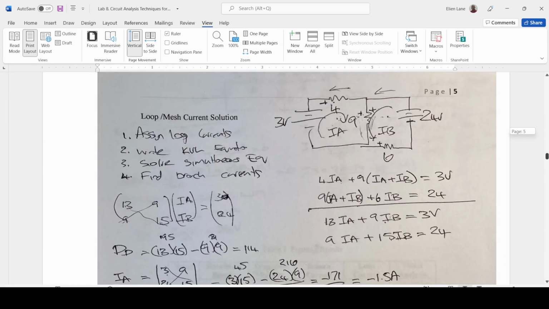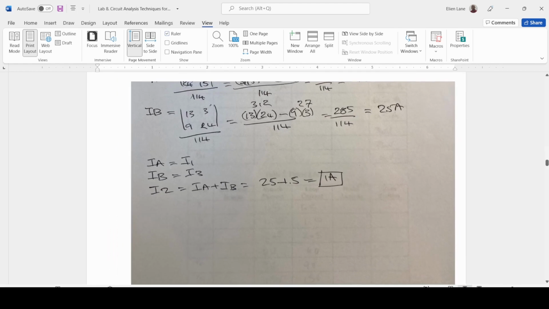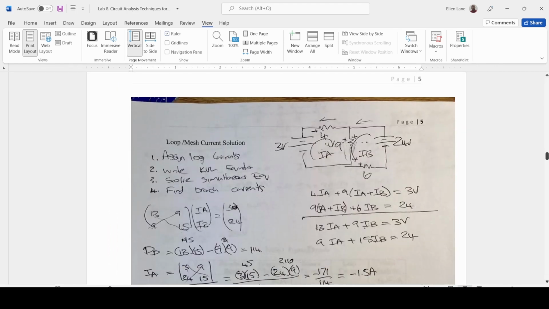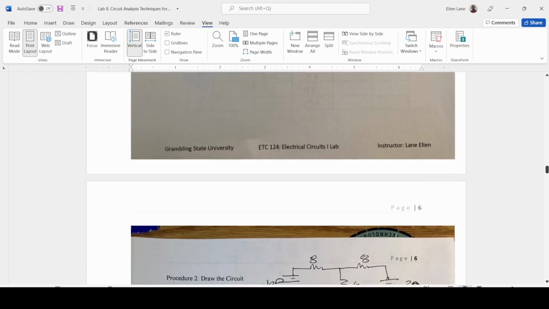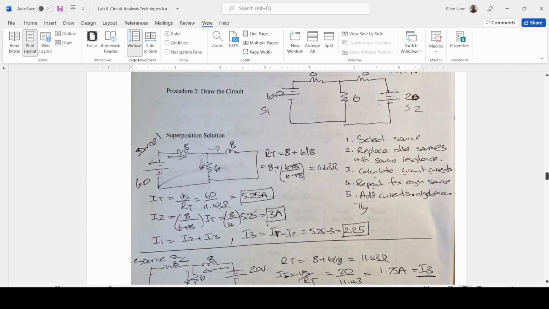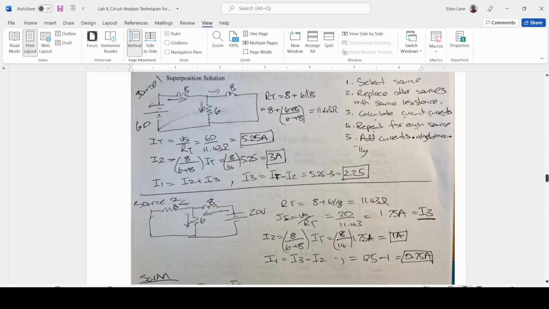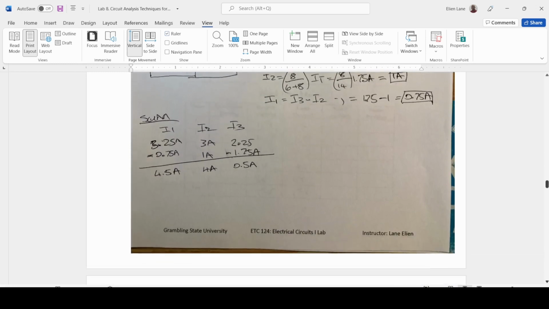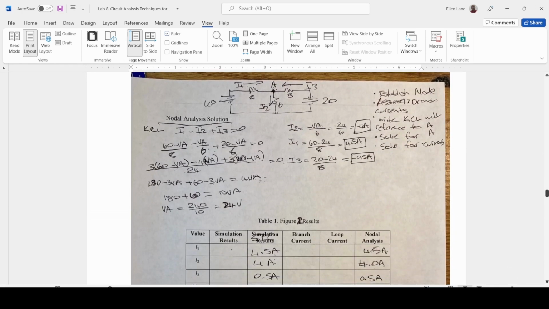Likewise, we have a video showing how the mesh current method was also completed. For the next circuit, we have the other two techniques. For this circuit, we're using superposition, where we use one source at a time. And for the last one, we use nodal analysis to obtain the currents as well.